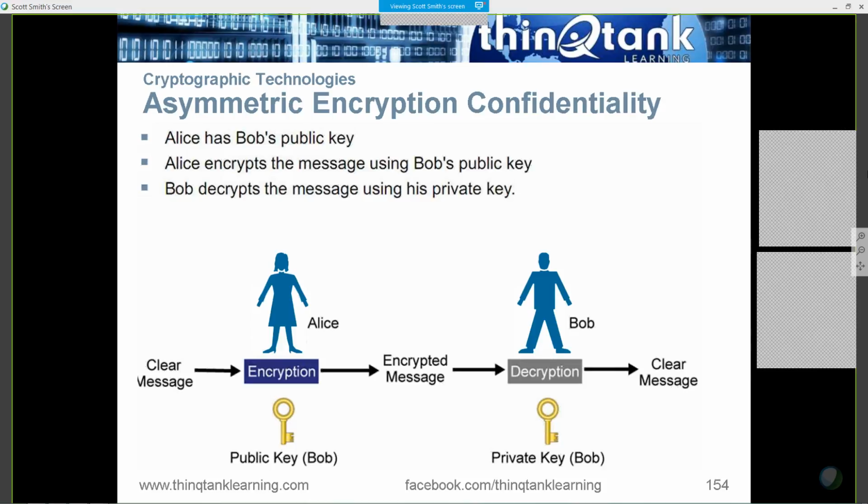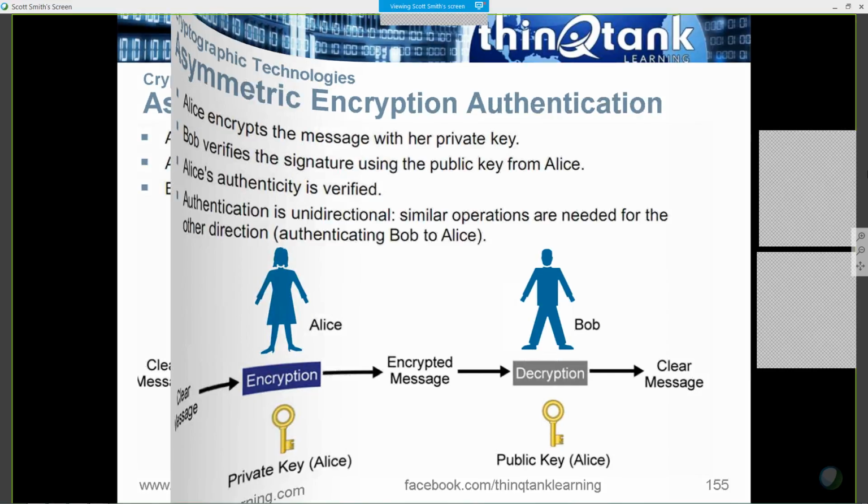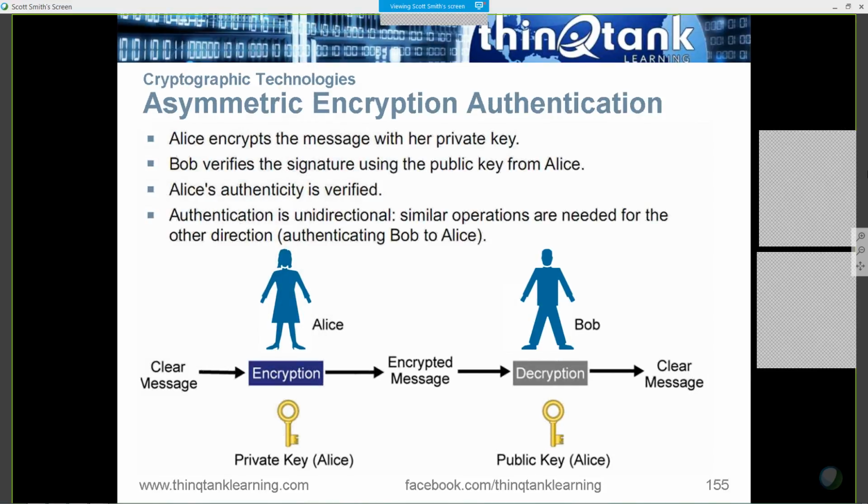All right? Now, there's another way to do asymmetric encryption. Alice can encrypt her message with her private key, and then Bob can decrypt the message with Alice's public key. But this is only used for non-repudiation.